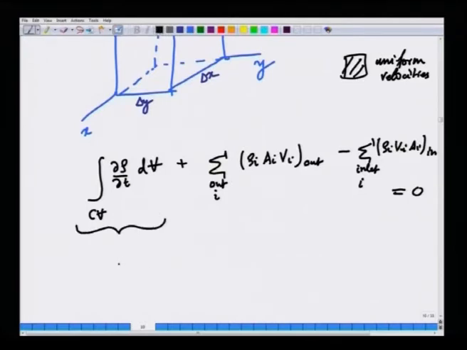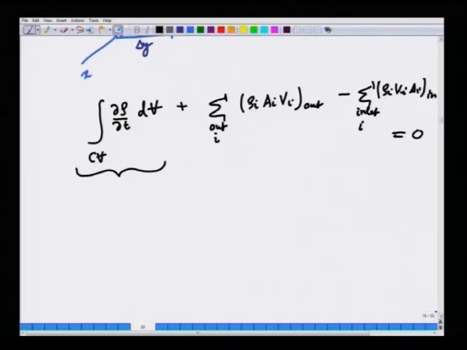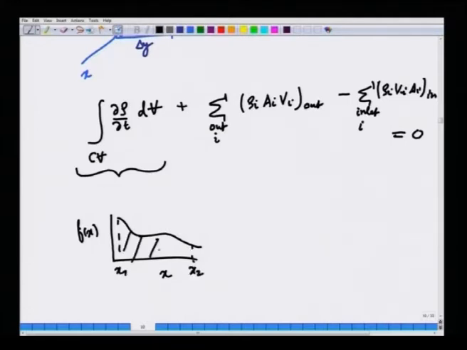Let me give you a very simple example. Suppose I have a function f of x, and I am integrating between x1 and x2. That is really the area under this curve.